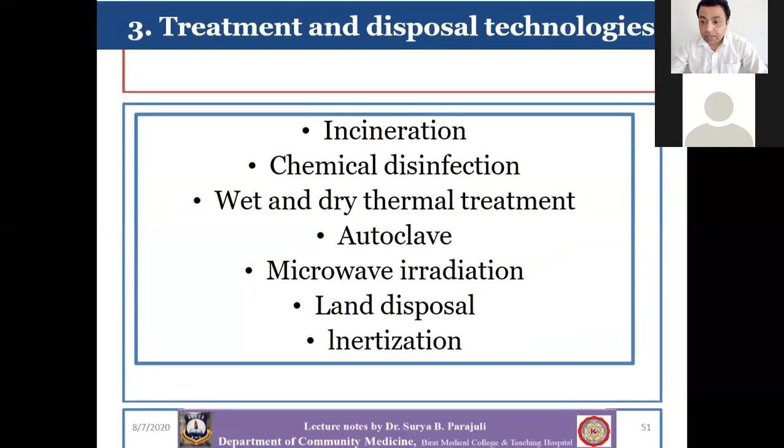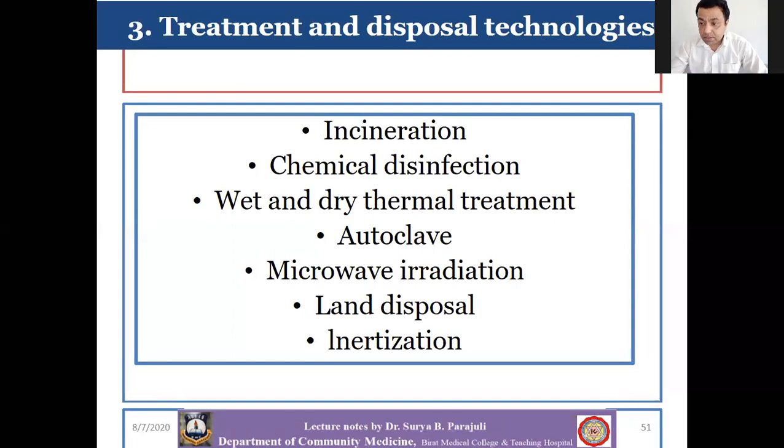Then treatment and disposal technology. First, segregation, collection, storage, and transportation. We need to transfer all the stored waste through trolleys or carts used particularly for that purpose.